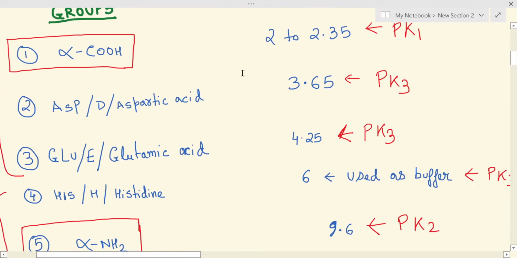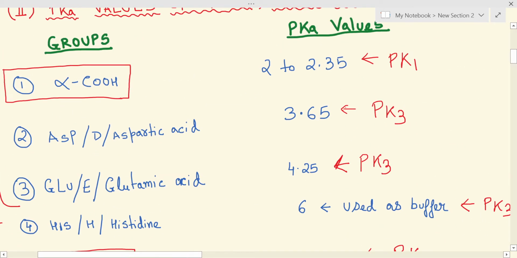So let's begin. First we have alpha COOH. Its pKa value is 2 to 2.35. We will take 2 as the value during calculation, and this is the pK1.